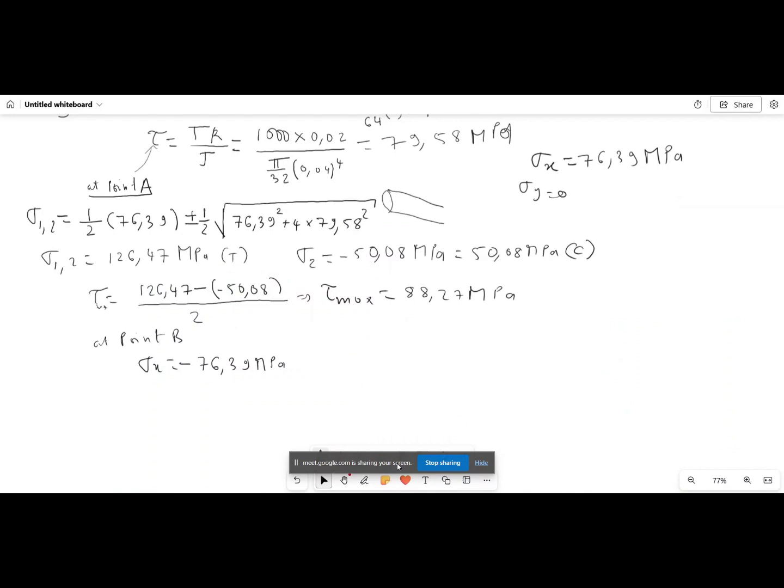For point B, rho 1, 2 is half, where there is x we put minus 76,39, plus or minus half the root of minus 73 squared, it is squared so it's still positive and not really affecting what is inside, plus 4 times 79,58 squared. If we do this, we also get rho 1 in this case and rho 2 in this case.